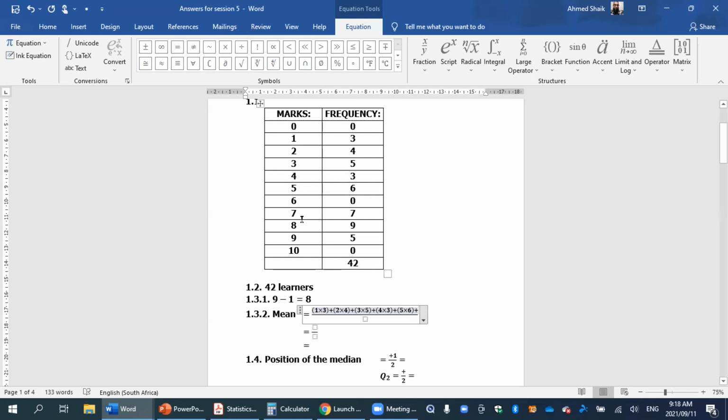Our next set gives us, all right, we've got 0 frequency for 6, so we do not need to add this into our calculation. We're looking at our next mark, which is 7, and that set is 7 times 7. Our next set, we have 8 times 9.